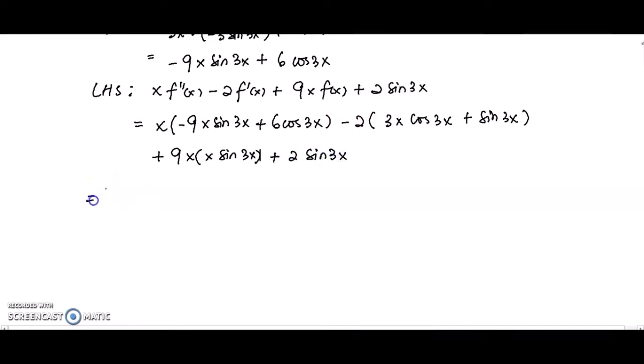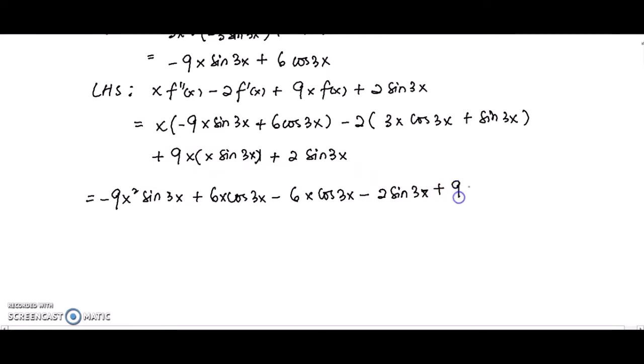Now I'm going to simplify those terms. Okay. But before this, maybe we expand first. Then later on, we see which like term can be combined. We have a negative 9x squared sine 3x, plus 6x cos 3x, minus 6x cos 3x, and negative 2 sine 3x, positive 9x squared sine 3x.